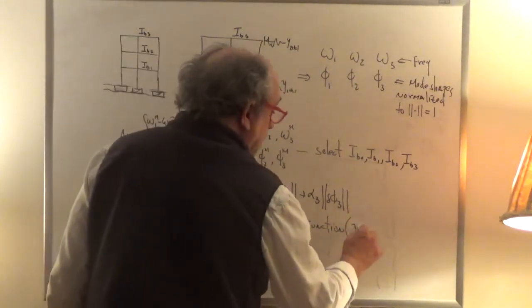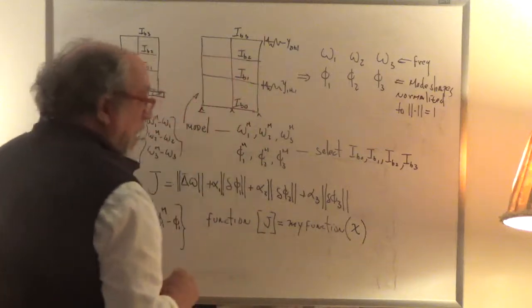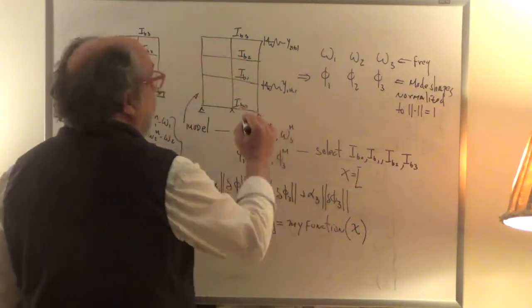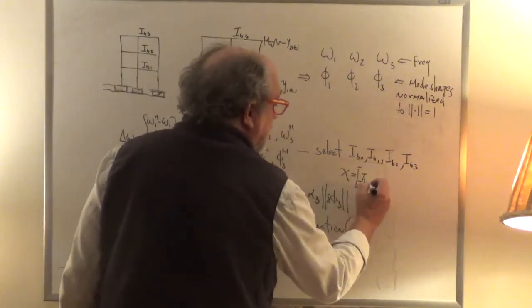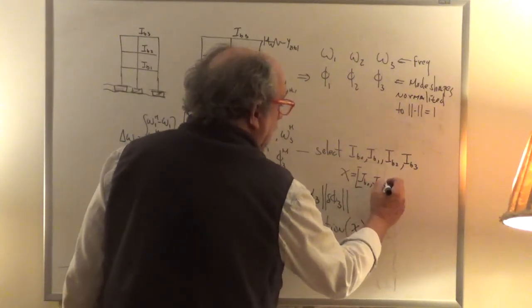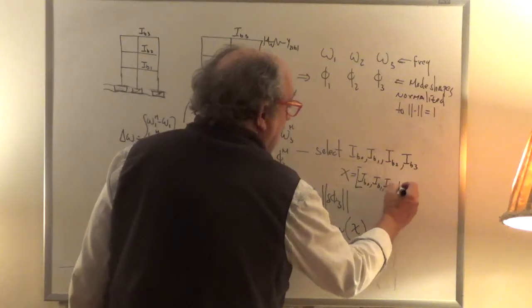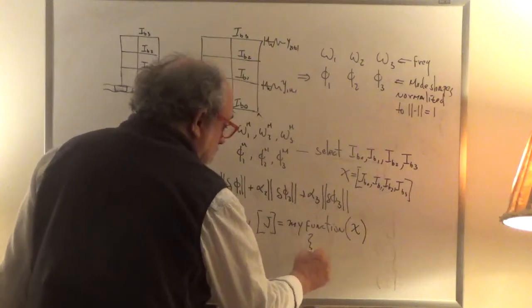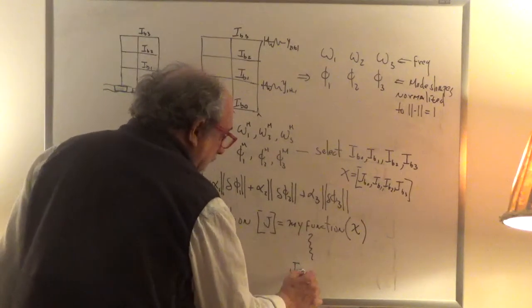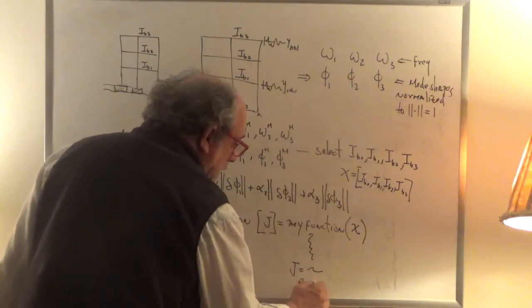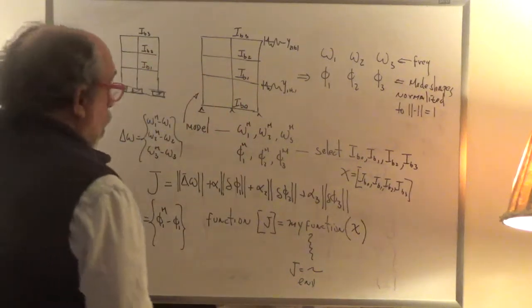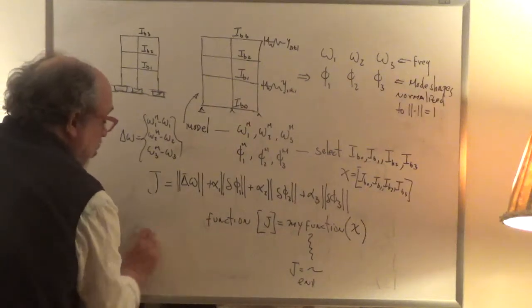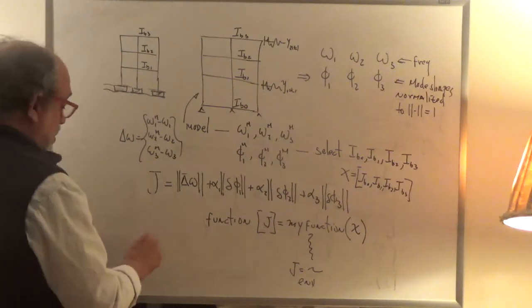So this could be x, where x is a vector that has IB0, IB1, IB2, and IB3, for example, right? And this function does something, and at the end it calculates j, right? Once this function is available, we can then allow fminsearch to do the search, right?